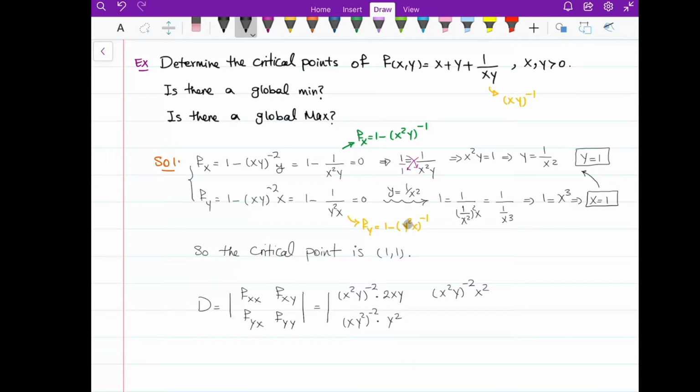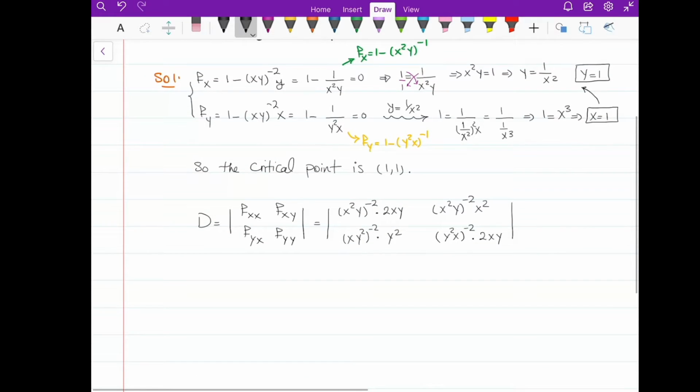And then I'm gonna take the derivative of that with respect to y. So it would be y squared x to the power of -2, and the derivative with respect to y is 2xy. Okay, I'm not gonna worry too much about simplifying that, just because I'm gonna plug in 1, 1 into this.